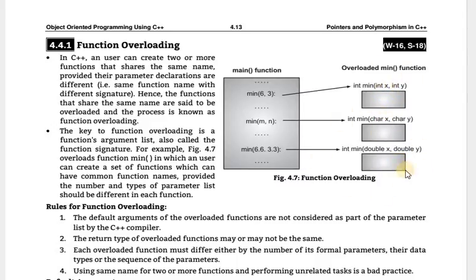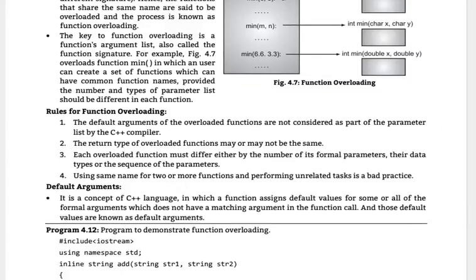So this is function overloading: same name but the argument list is different because all these parameters have different data types.